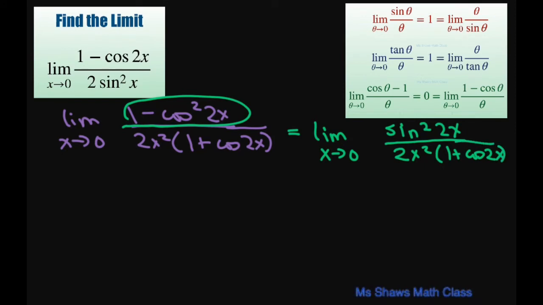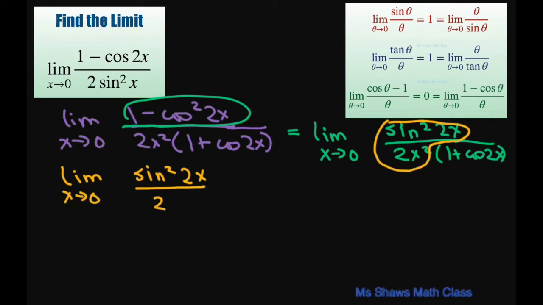Alright, from here, this is a long one. From here, I can write this. I'm going to take this piece out here and write this as the limit as x approaches 0 of sine squared of 2x divided by 2x squared times the limit as x approaches 0 of 1 divided by this piece, 1 plus cosine of 2x.